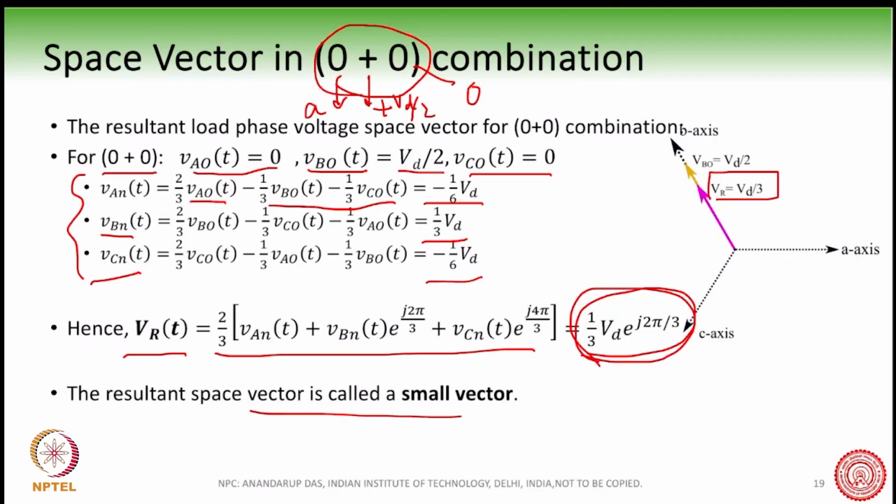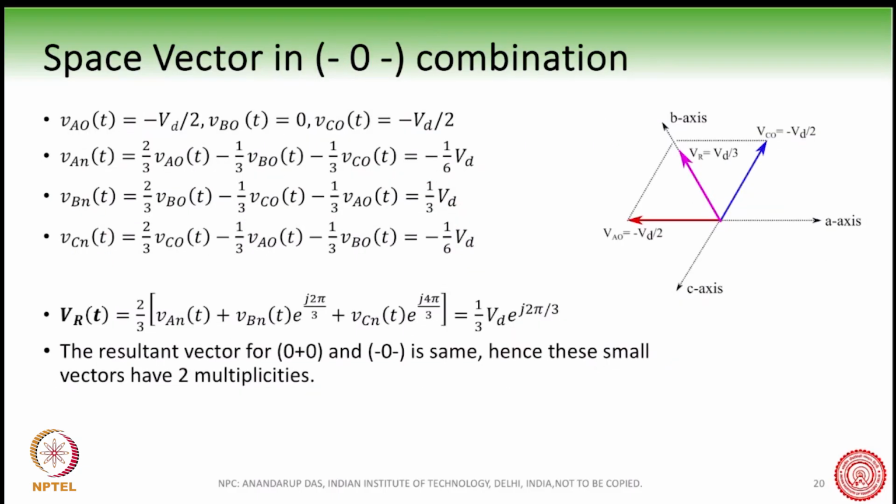Instead of doing this mathematics, you can also do it graphically. This is 0 plus 0, which means on the A axis you do not have any contribution, on the B axis you have the plus, and in C phase also there is no contribution. So you get directly to this point. Let me take another combination, suppose this one, minus 0 minus. How can you do this graphically?